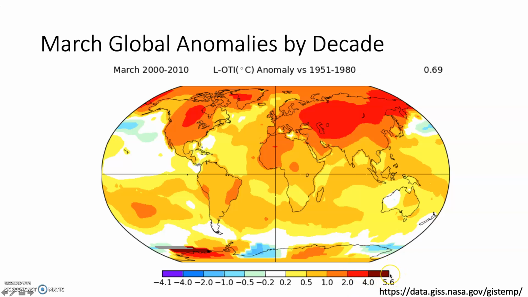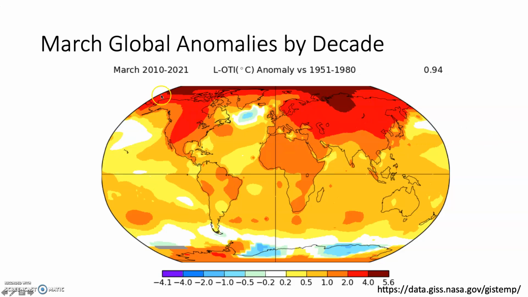The warmer colors indicate warmer patterns, cooler colors indicate cooler anomalies. What we can see here is a whole lot of red, right? That really is popping out to me. We do have some regions of cooler than average temperatures, which is great. However, the most significant color I see here is red.